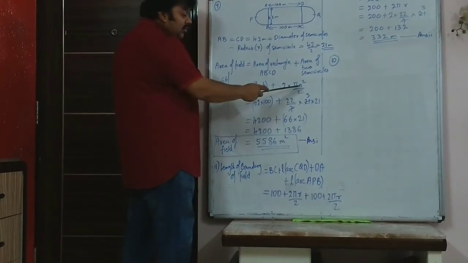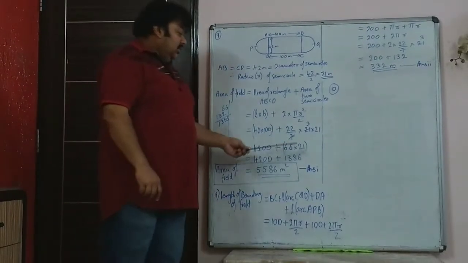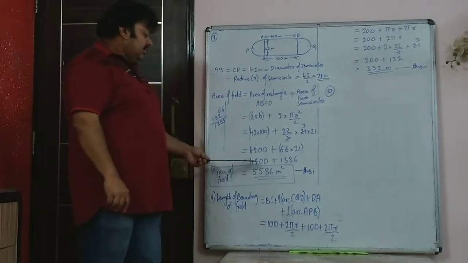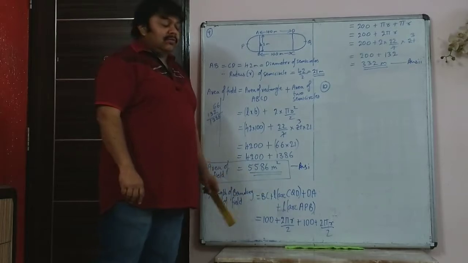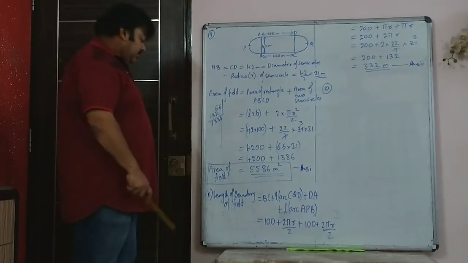So pi is 22 by 7, r is 21 into 21. So you have 66 into 21, which is 1386, plus 4200, which is 5586 meters squared. That is the area of this entire plot.